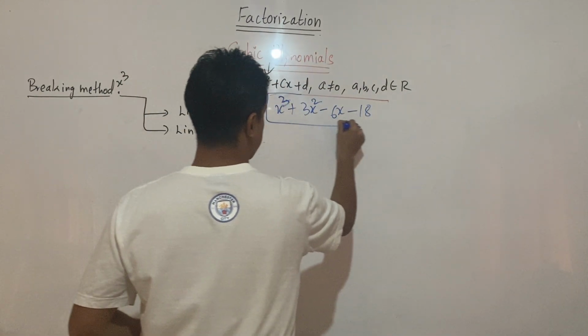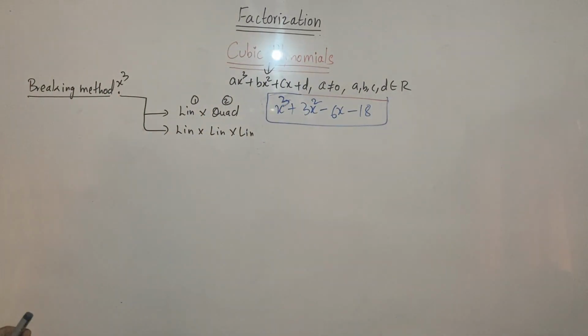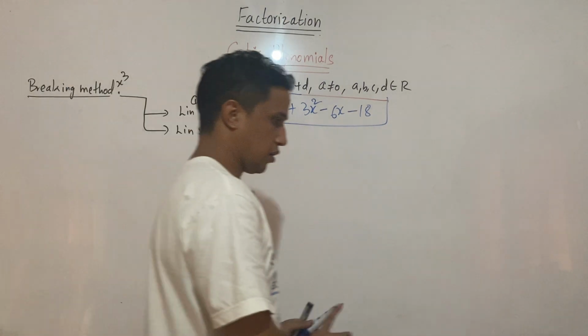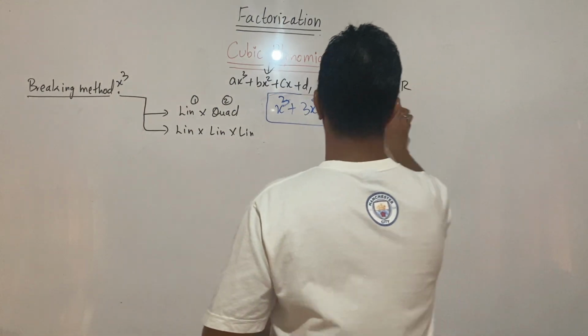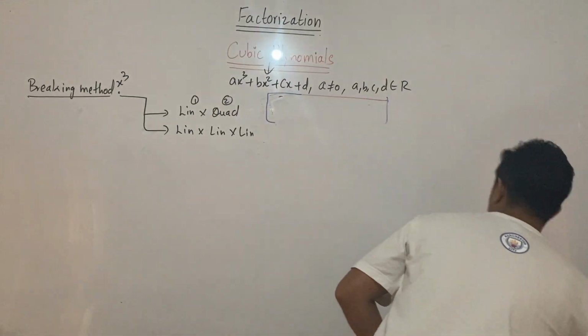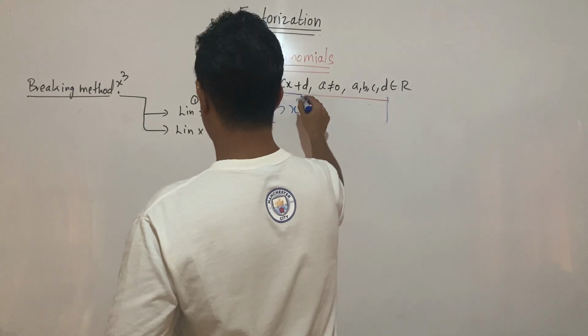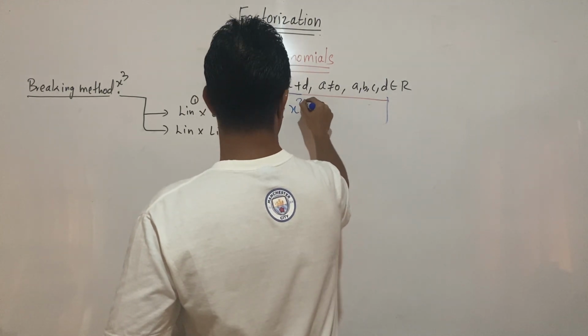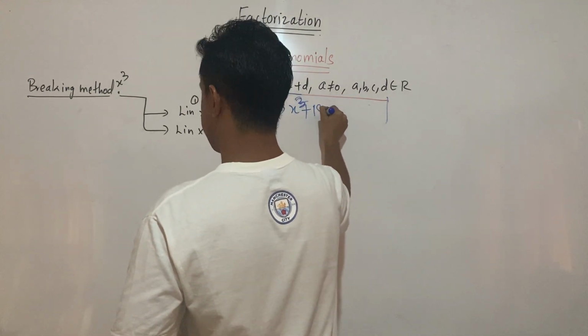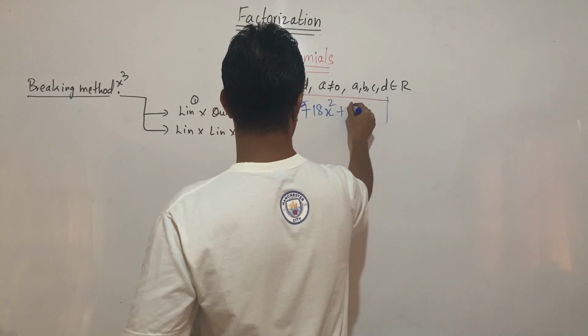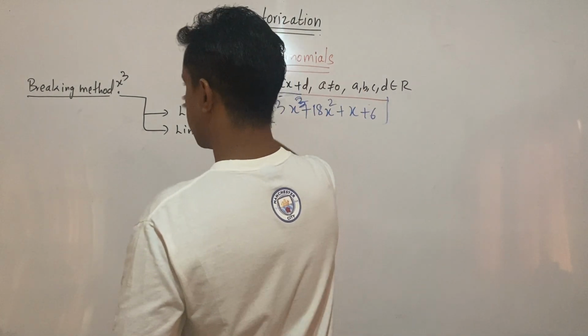Let's see this example. Okay, sorry, 3x cubed plus 18x squared plus x plus 6.